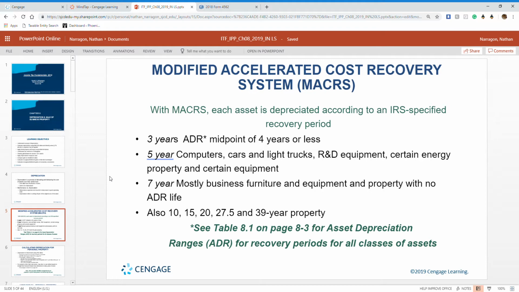Cars and light trucks, R&D equipment, those are 5-year property. 7-year tends to be mostly any business furniture, equipment, and property with no asset depreciation range, or ADR.